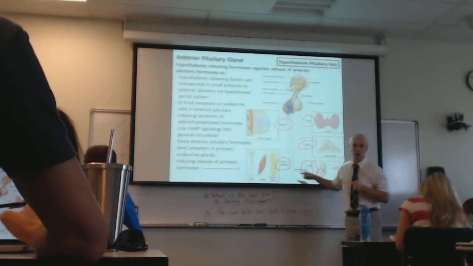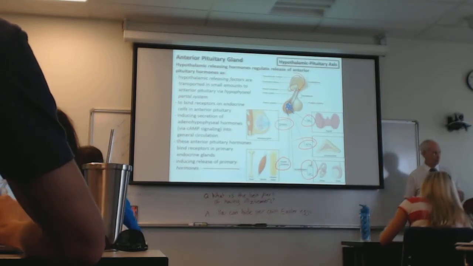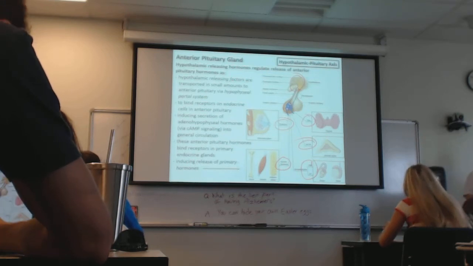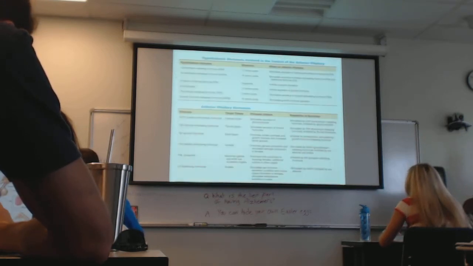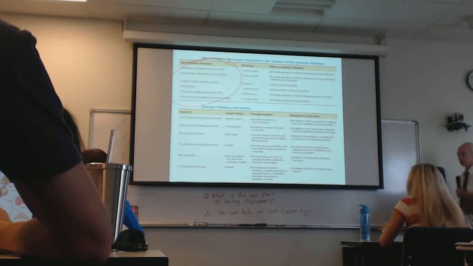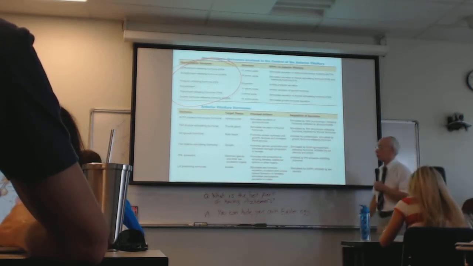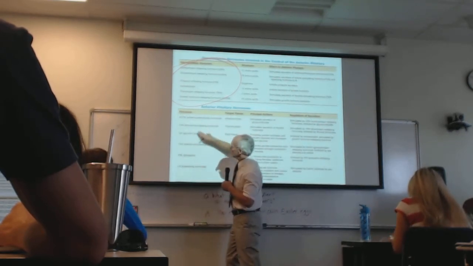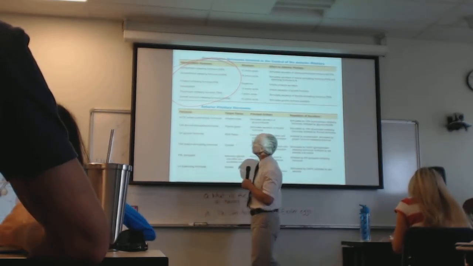These you've got to memorize, and they all have different names, and that can be a little bit confounding. So in these tables, we have listed the parvocellular hypothalamic neuron hormones, and then here are the anterior pituitary hormones we just talked about, the 6 of them.